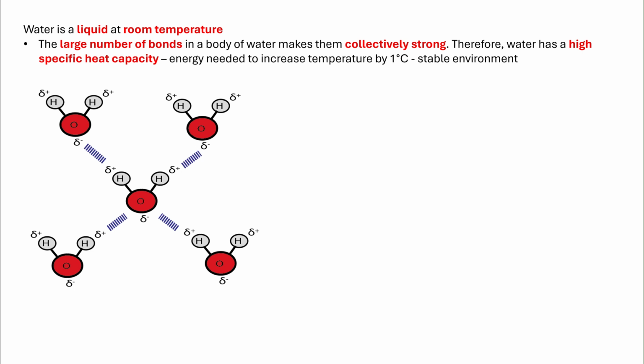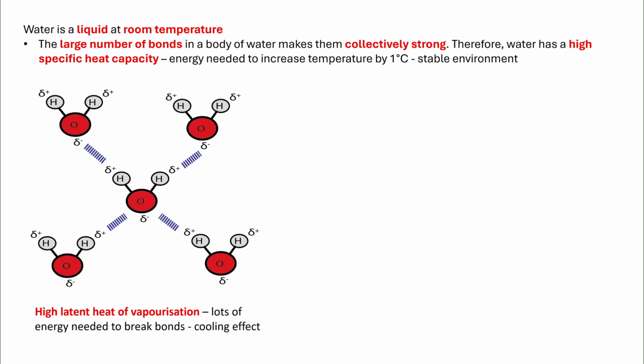Not only is it a stable environment, but it also has a high latent heat of vaporization. The high latent heat of vaporization is about the energy required to break those hydrogen bonds so that it can be changed from the liquid state into the gaseous state, which is water vapor. There's a lot of energy needed to break those bonds.